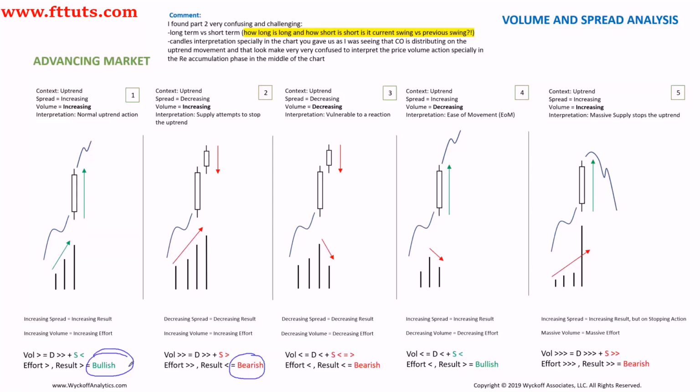But what does it mean? High probability does not mean that it's going to do it every time. High probability only means that you have some kind of probabilistic edge based on the past. And in some instances, it will go against you. So I want you to keep this in mind. I think the confusion comes more at the spots where we have some kind of duality as to what could happen.